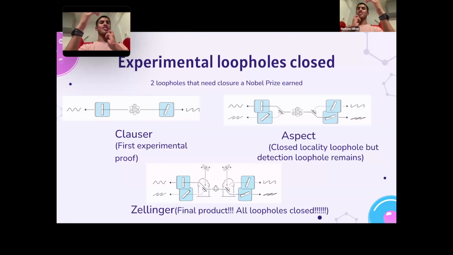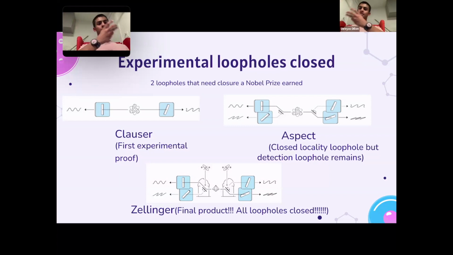So in order to actually have this, you needed to choose the detector angles mid-flight, because if you do it before, then relativistic causality basically says that the effect of something cannot come before its cause. So if you have it before, there's still some way it could affect it. If you choose it mid-flight, the information cannot transmit fast enough, and you have fixed the loophole.